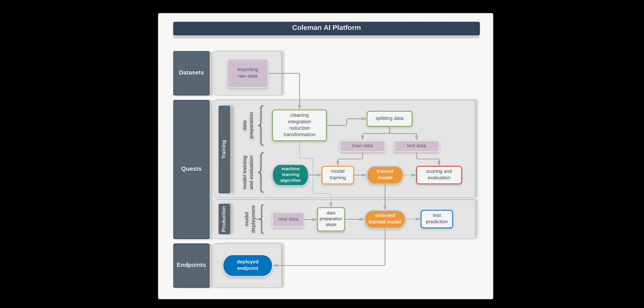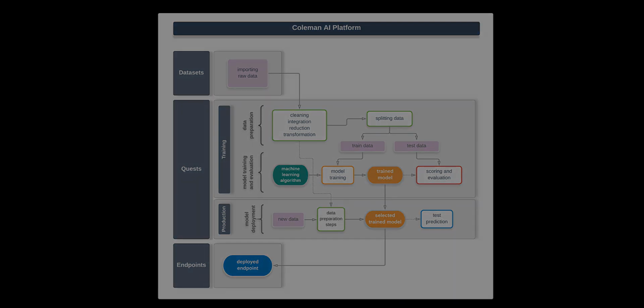Third, you select the best performing model and take it forward into the production quest. Run the production quest as a final test and deploy the endpoint. And last, view and test the active endpoints in the endpoint section and consume the endpoint through Infor AI API.